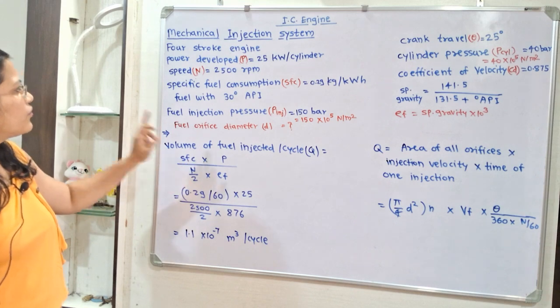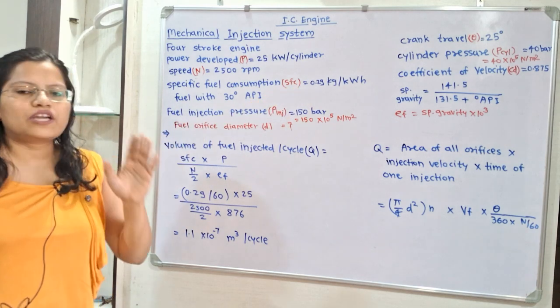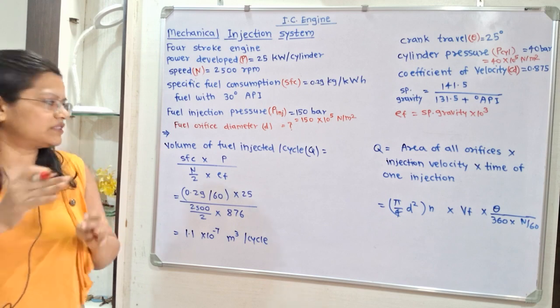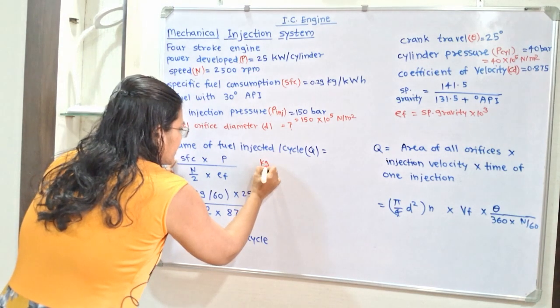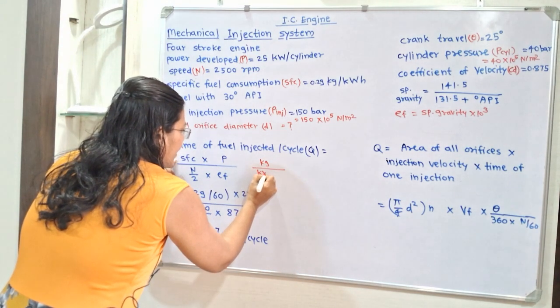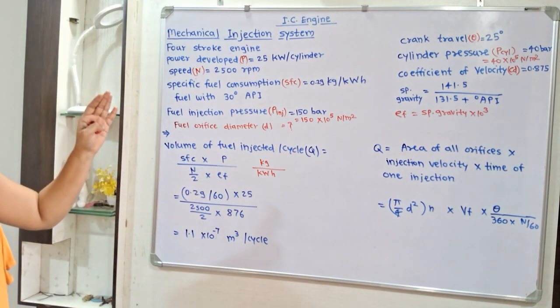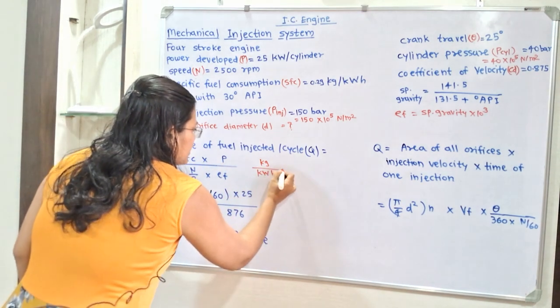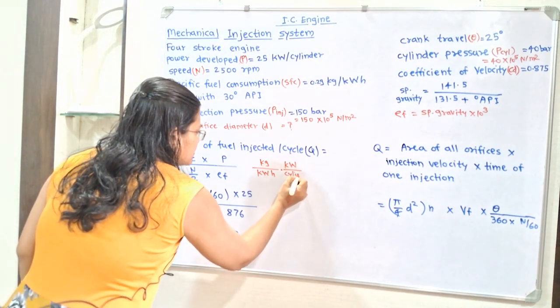Now specific fuel consumption, here it is given in kilogram per kilowatt hour. Now we will first balance the units. So I will write the unit kilogram per kilowatt hour. Now power developed, it is given in kilowatt per cylinder, so I will write here multiplied by kilowatt per cylinder.